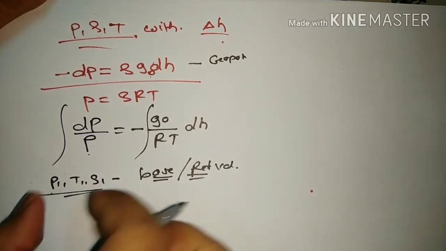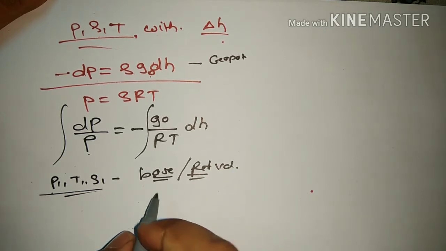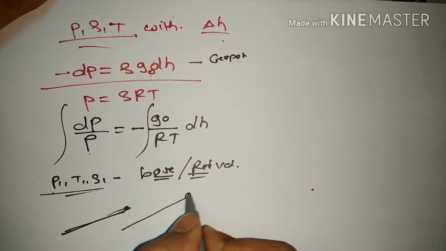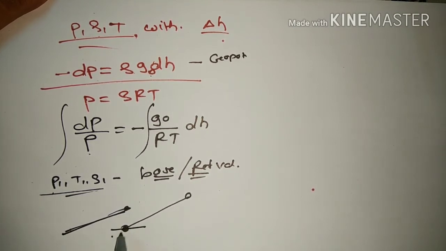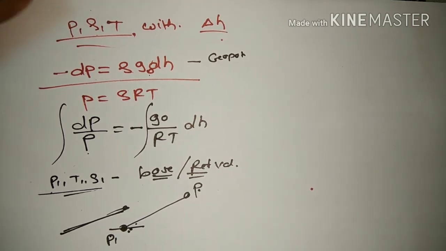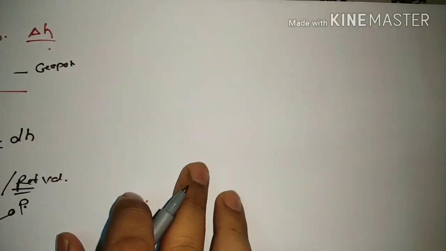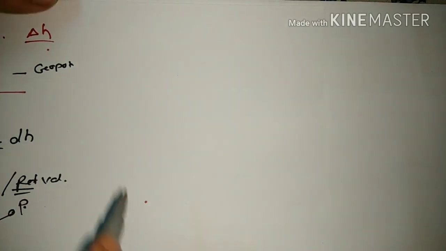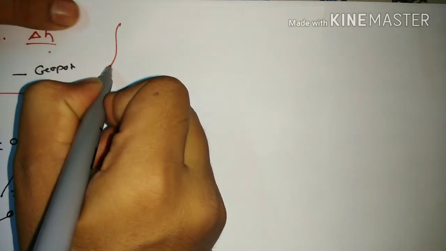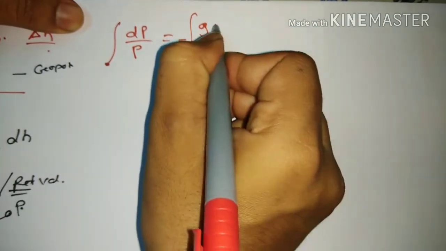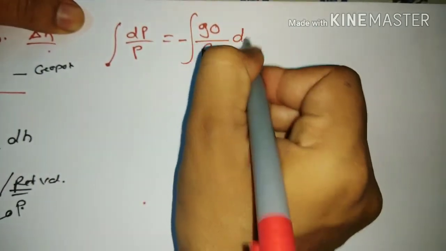Reference values means we are taking some known point: this point will be P1, and this other point will be P. We know these values, so we take them as P1, and only the unknown will be P. So we integrate dp by p equals minus integral of g0 by RT delta h.